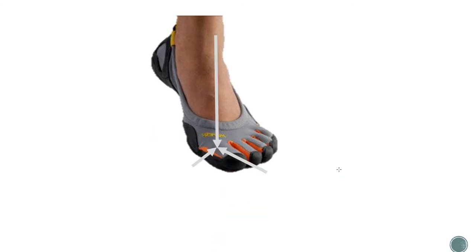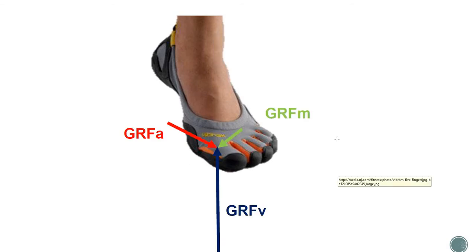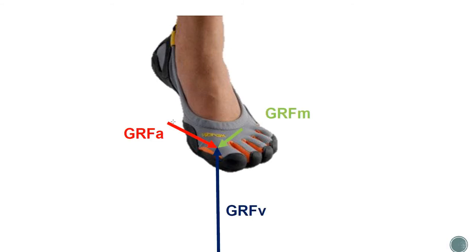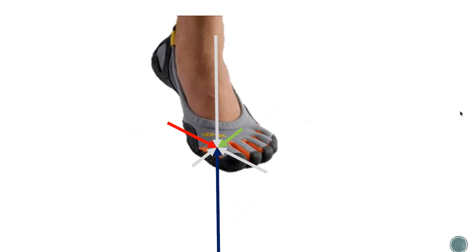Action, reaction, action, reaction. Look at that. So we have a posterior, a vertical but downwards, and a lateral action force, meaning the force plate would measure an equal and opposite vertical but upwards, anterior and medial ground reaction force. There we are. It's all here for you.